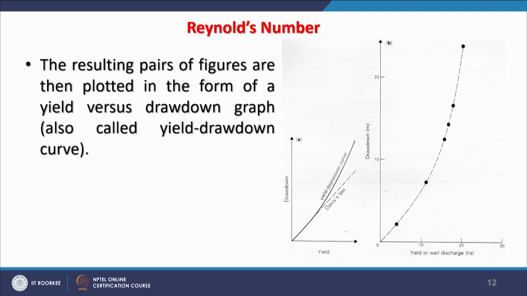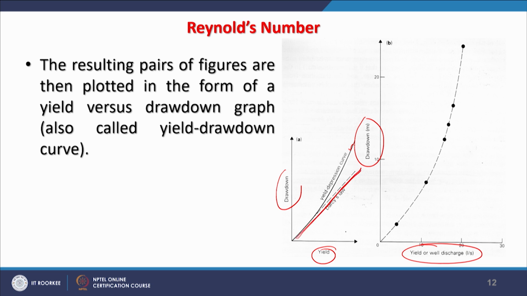So, the resulting pairs of figures are then plotted in the form of yield versus drawdown. What you are seeing here on the y axis is the drawdown, shown in meters, and yield or well discharge here. So, see that yield depression curve, this one is, and Darcy law says that the drawdown should be kept something like this.